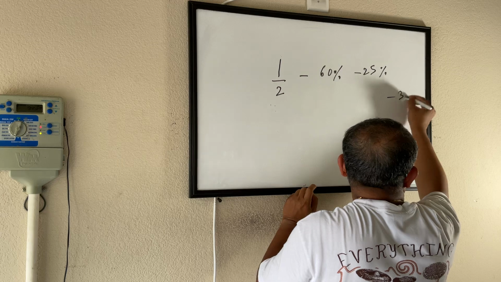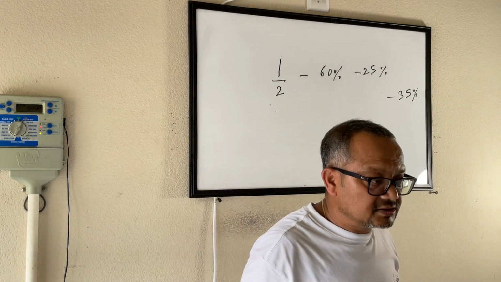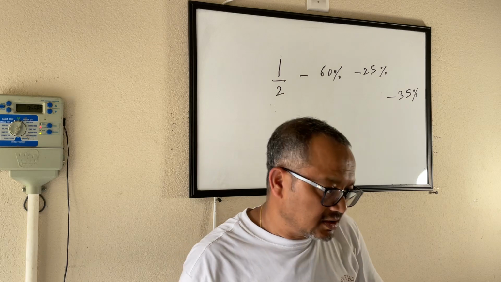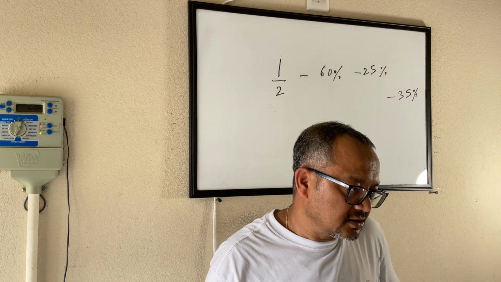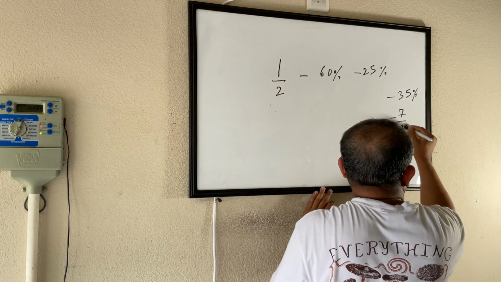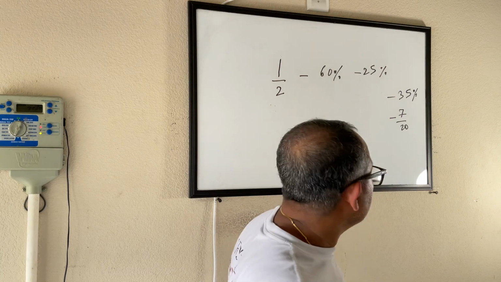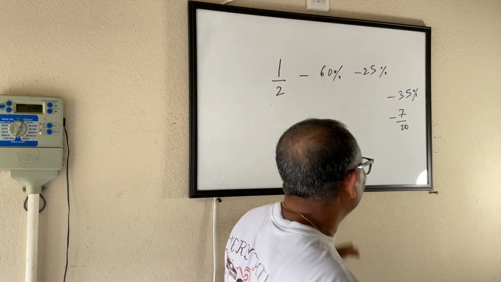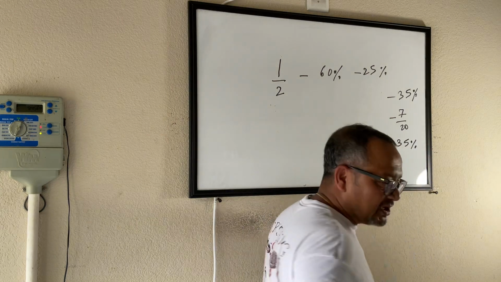Okay. How about Dikshita? I got negative 7 over 20. Negative 7 over 20. Okay. Sand and Celine? We both got negative 35%. Negative 35%. See how conscious I'm making you guys.